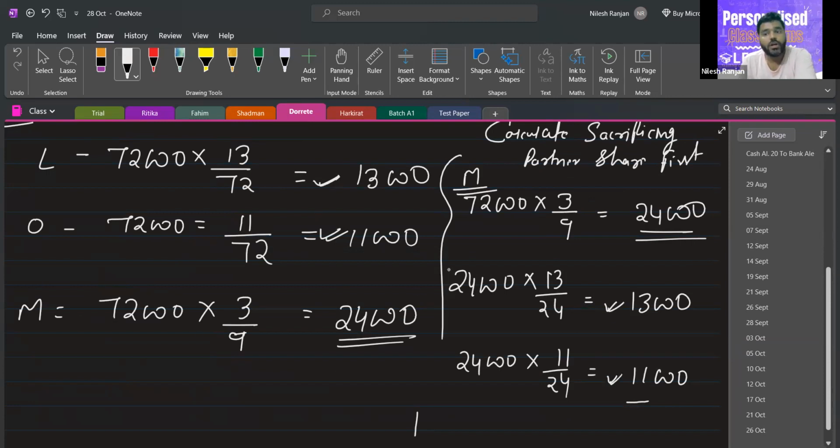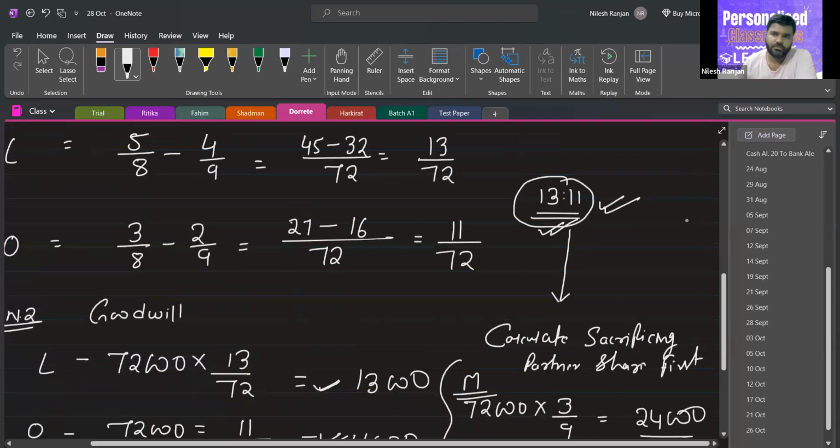So when you are using total goodwill, you will use a fraction, not a ratio. And when you are using the share of the retiring partner or the sacrificing partner, then you will use a ratio.